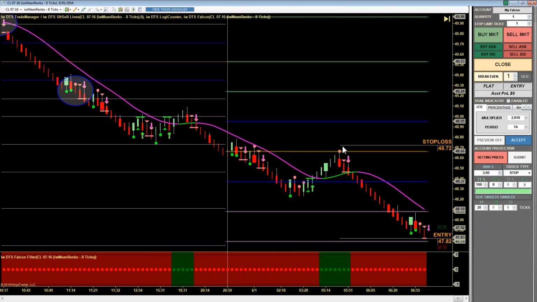Ideally, I'd like to run my stop up here, but I know that with crude oil, I can't afford that. So I either increase my risk amount or I try to run the trade with a tighter stop, maybe here to the crest on the trend line. No, darn it, can't afford that either. What about this swing low?